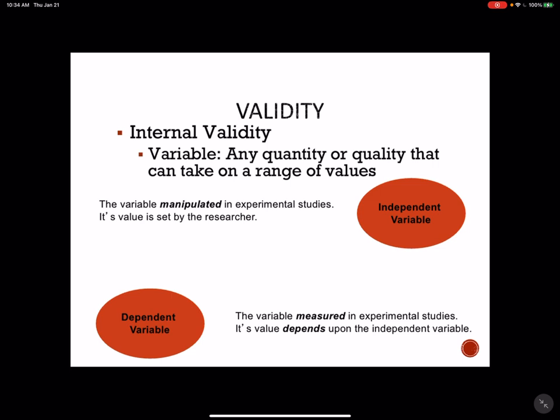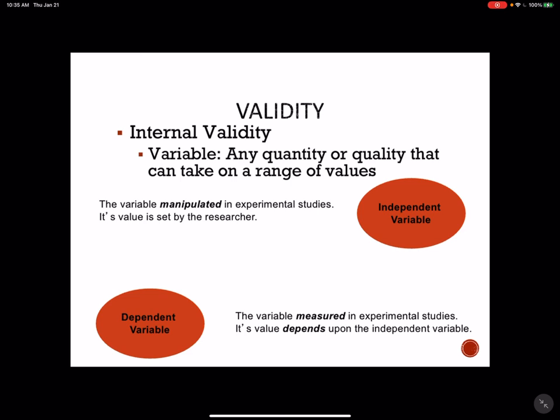And so in that example, the independent variable was the one that we manipulated, that we messed with, that we, the experimenters, had control over changing. And in that one, the independent variable was the food, right? We controlled whether the food was there or it was not there.